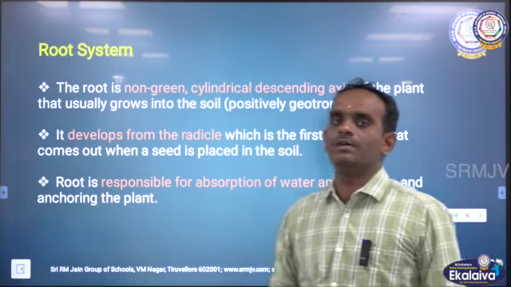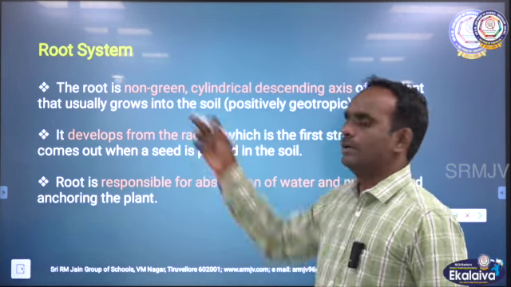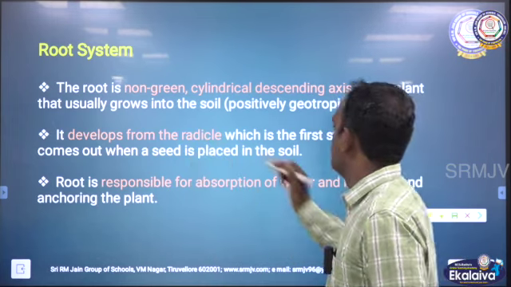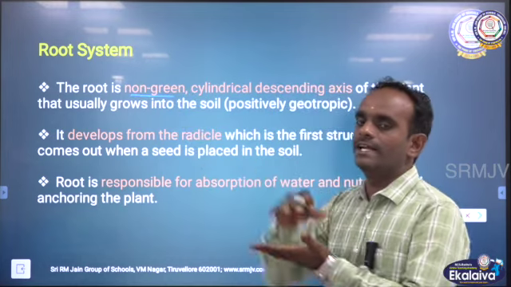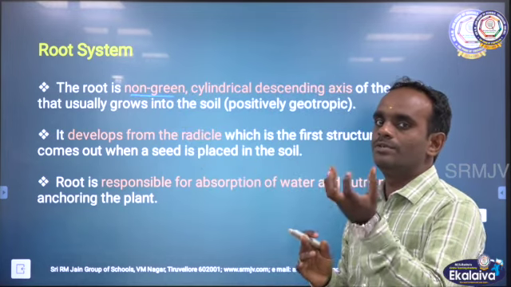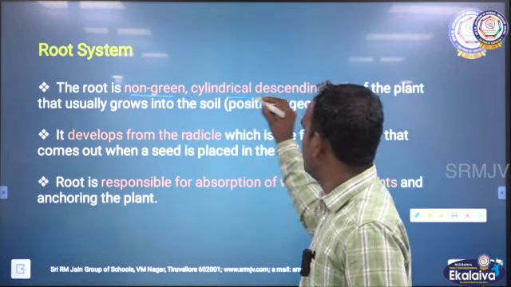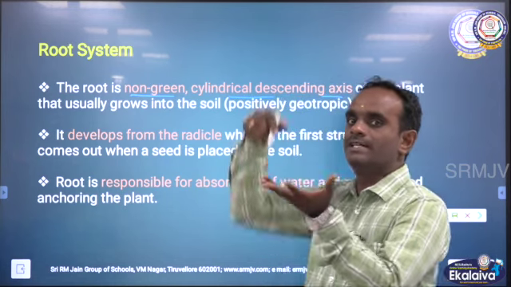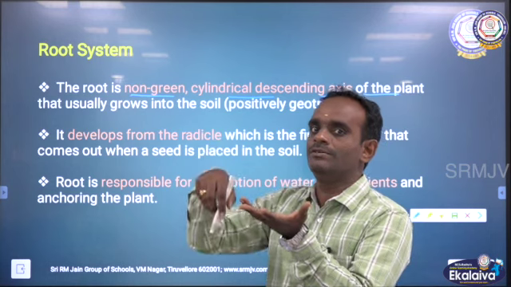First we will see the root system. The root is non-green. Usually it is present inside the soil, no? All roots are non-green, cylindrical descending axis of the plant. Descending axis, it goes downwards.